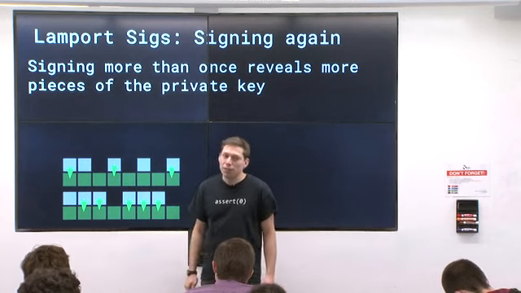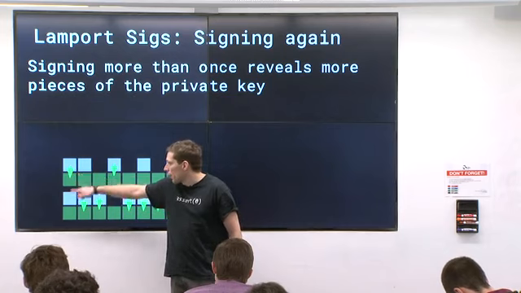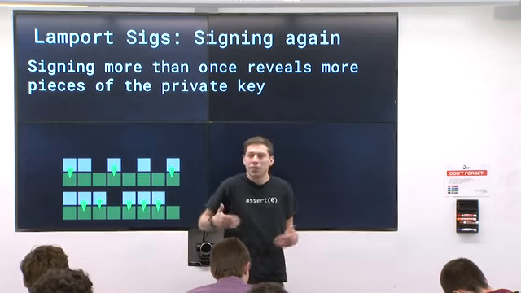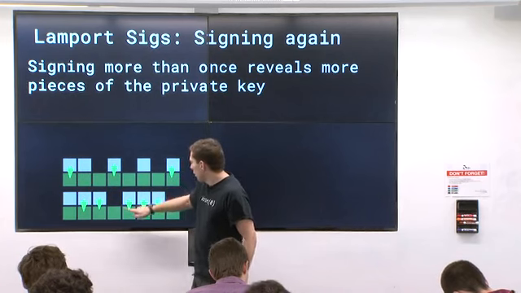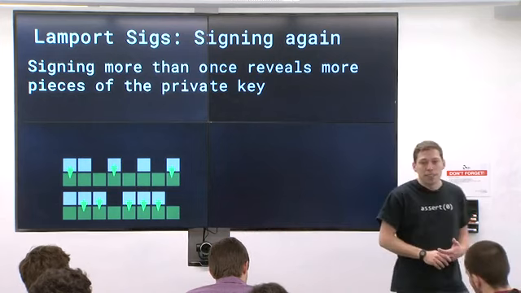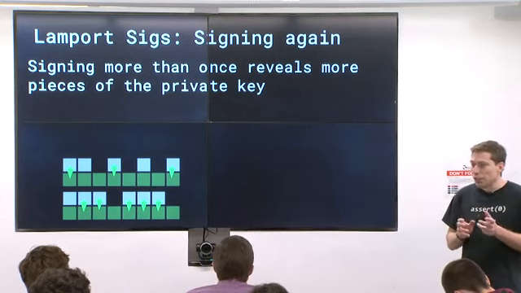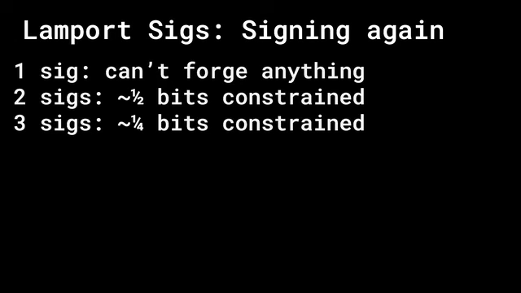And now people can start to forge signatures, because I can say, okay, well, the first bit, I can sign anything, right, on the first bit. I'm still constrained here and here and here, but in several locations, I can sign whichever bit I want. And so the basic thing is, if there's one signature, I can't forge anything.